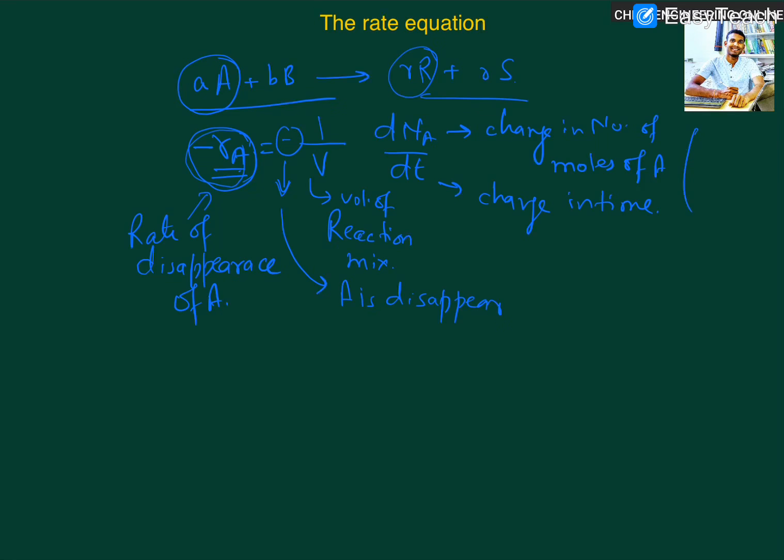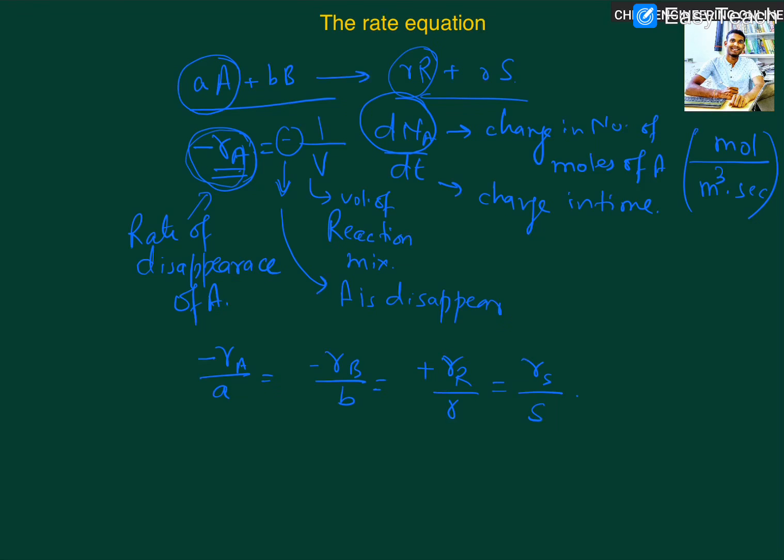The unit of rate of reaction in this manner will be moles for the change in number of moles, volume, which in SI is meter cube, and time in seconds. So this is the unit of rate of reaction. And if you want to convert one rate to another, we can use this formula: minus Ra over a equals minus Rb over b equals Rr over r equals Rs over s.